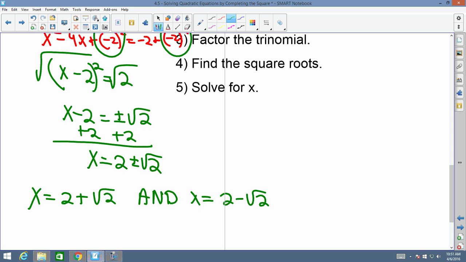That's where a calculator comes in handy. 2 plus square root of 2 equals 3.41. So that's one of my x-intercepts. And then I got 2 minus the square root of 2, which equals 0.59. And that's my other solution. So they're not pretty, but they're totally calculable.